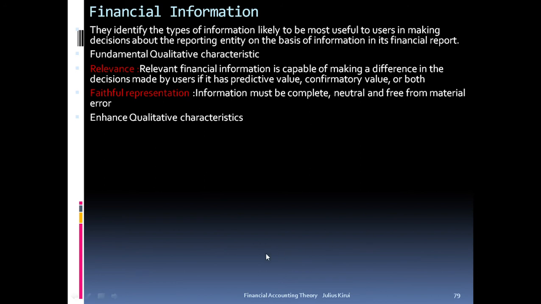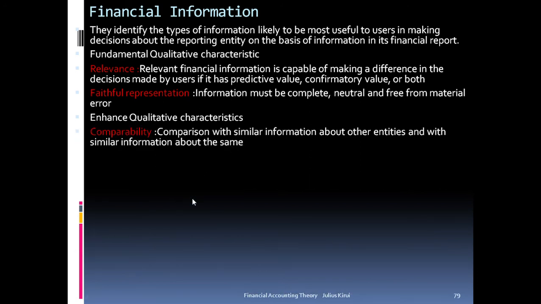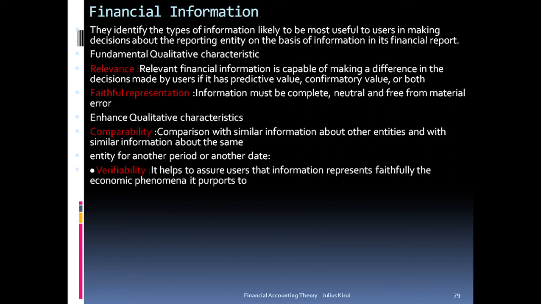Enhancing quality characteristics. These are characteristics of information that we need to have. Comparability: comparison with similar information about other entities and with similar information about the same entity for another period or another date. Verifiability helps to assure users that information represents faithfully the economic phenomena it purports to represent.